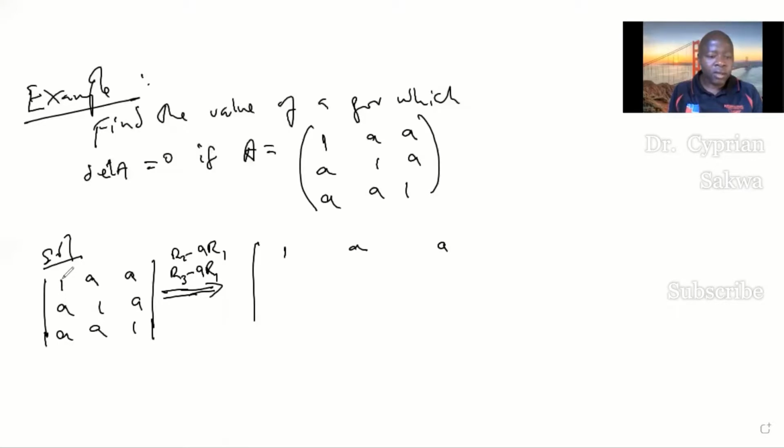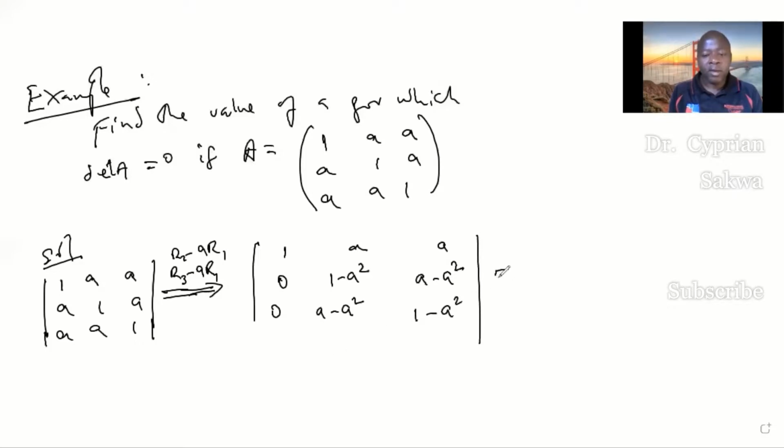R times this one, subtract from this, I would have a 0. R times this, R, subtract from this, I would have 1 minus R square. And R times this is R square, subtract from this, I would have R minus R square. And then what about this? This will be R minus R, which is 0. And this is R minus R square. And this is 1 minus R square. So this is what I have.